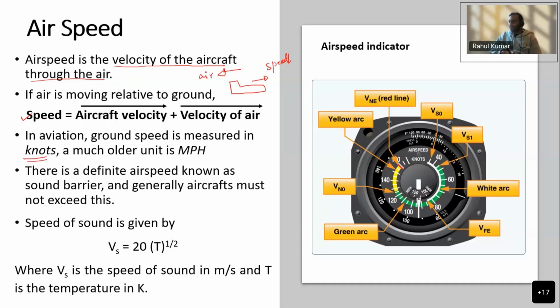And we have a much older unit, which is miles per hour.